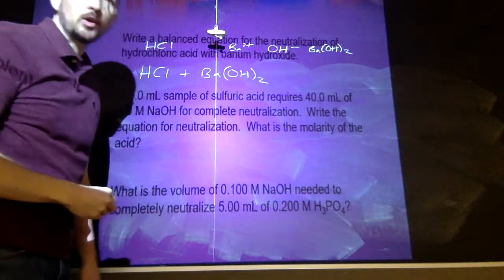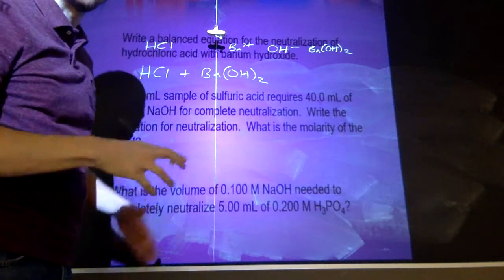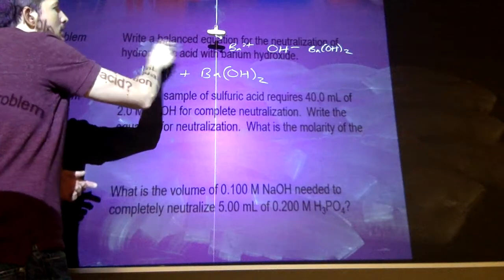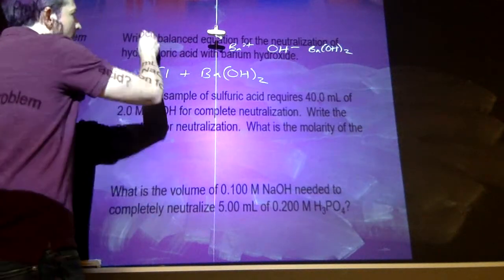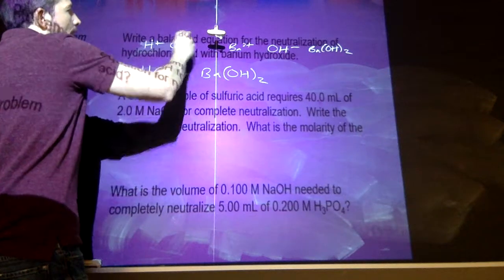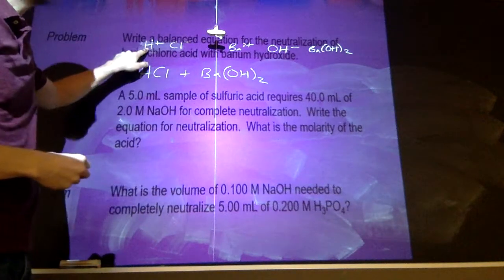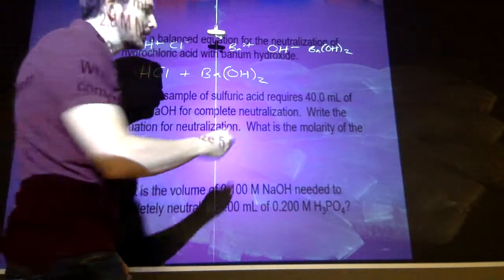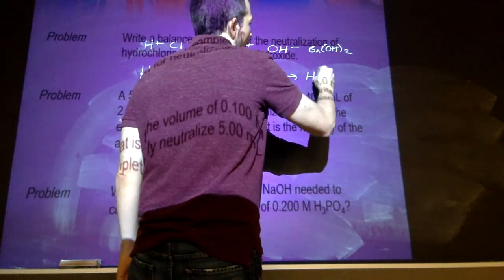So HCl plus Ba(OH)2. Now here I'm going to do the double displacement like I did in the previous videos. So I take my positive of the first, or my negative of the second. That's where I get my water.